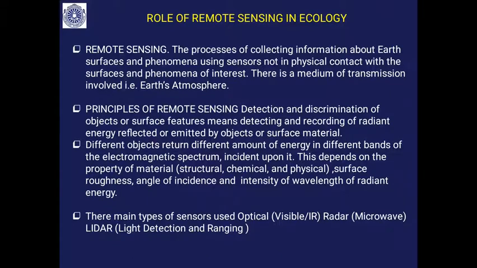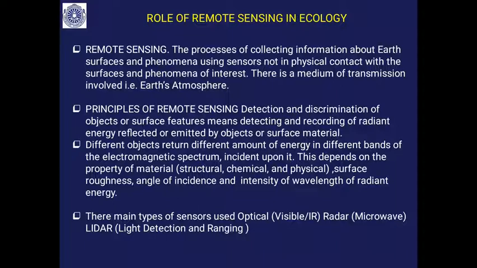So, remote sensing is the process of collecting information about earth surfaces and phenomena using sensors not in physical contact with the surfaces and phenomena of interest. You can see the sensors are airborne, present above the landscape, not in contact with the landscape or the earth surface.